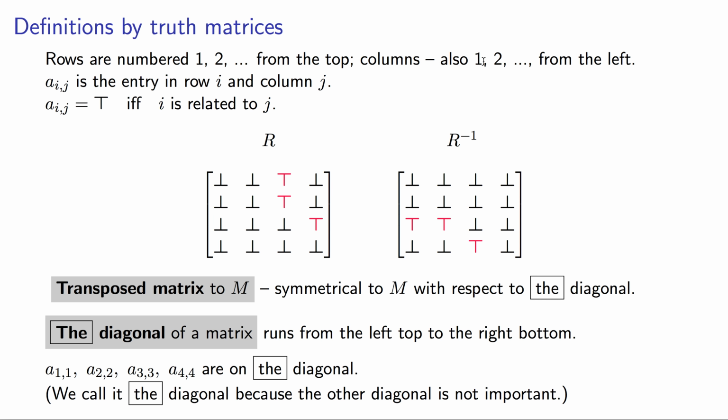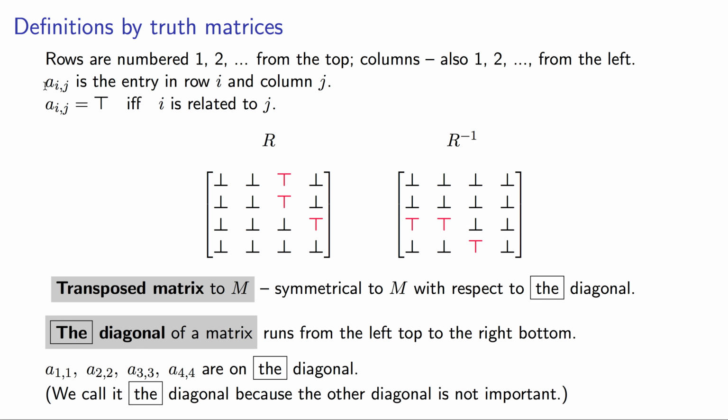Columns are also numbered with integers starting at 1 from the left. So this is column number 1, column number 2, column number 3, and column number 4. And a truth matrix allows us to define a binary relation on a set of integers from 1 to n.